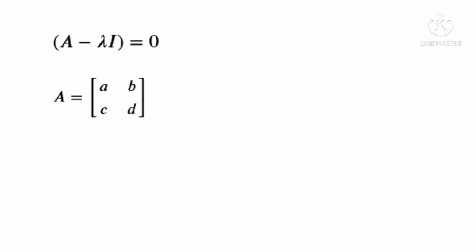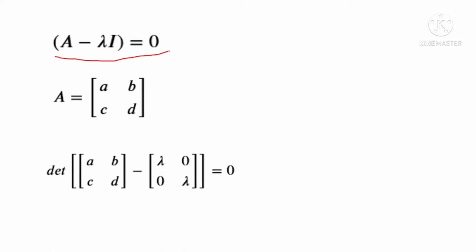To further understand this topic, let the equation A minus lambda I equal to 0. We can test whether the operational result of a matrix will be equal to 0 by calculating their determinant. Let's say we have a matrix A. With this, we can calculate the determinant of this equation by using this formula.